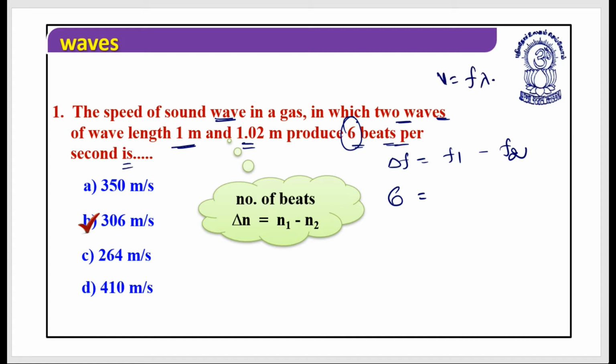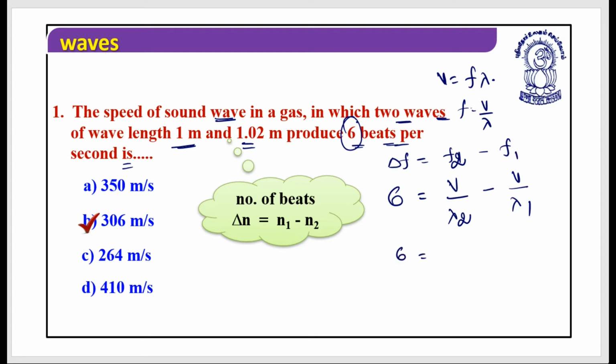So f would be equal to v by lambda, and this is equal to v by lambda 2 minus v by lambda 1. Let's write this as f2 minus f1.